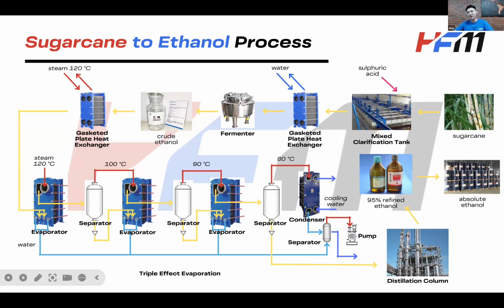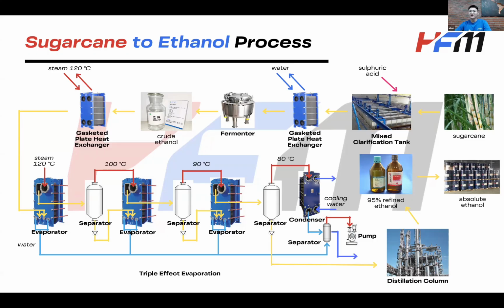Let's get started from the top right corner. As the first step, we collect the sugarcane, chop it into segments, and then extract the juice from it. As you know, there are some impurities in the juice. That's why we need a clarification tank to remove most of them.